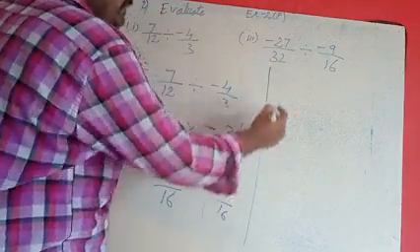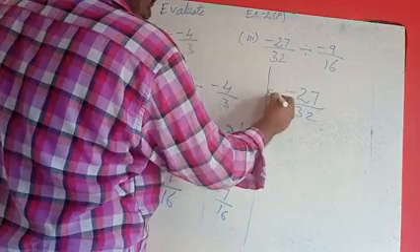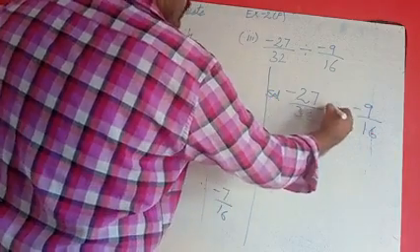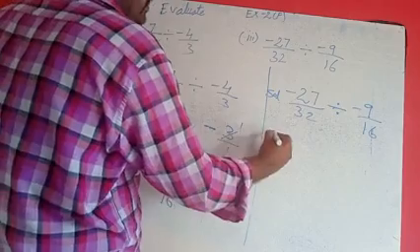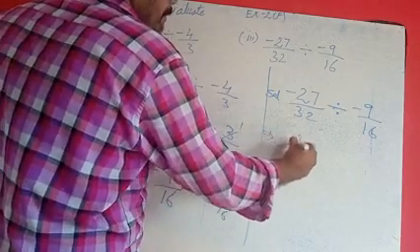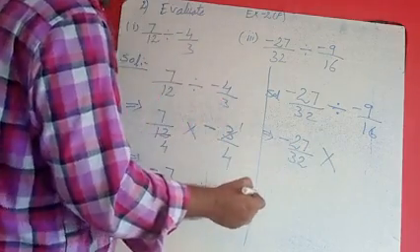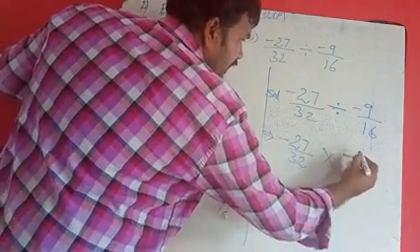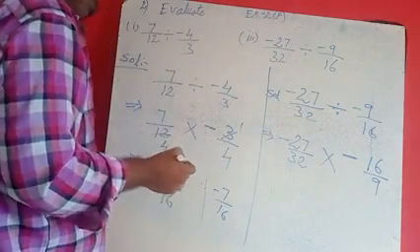Taking the second sum, minus 27 by 32 divided by minus 9 by 16. We are doing division. Division means taking the reciprocal. So according to the reciprocal, minus 27 by 32 into the fraction form. Minus will not change, put that minus sign. 9 by 16 will become 16 by 9.